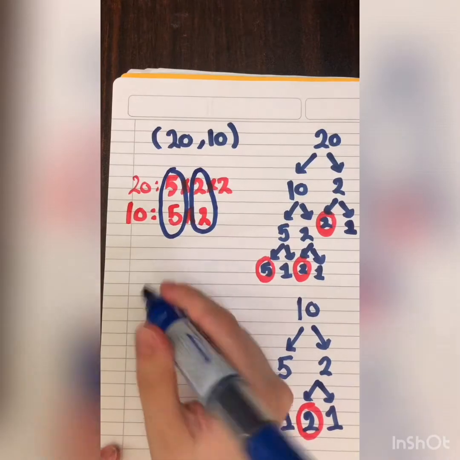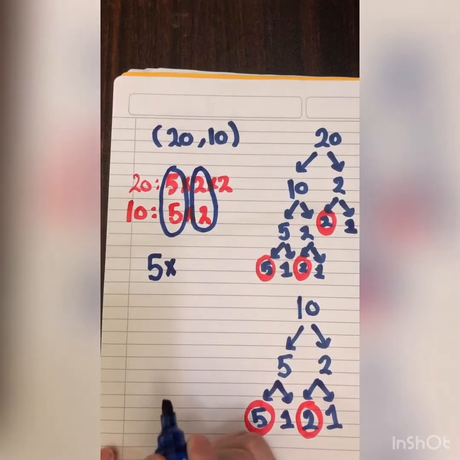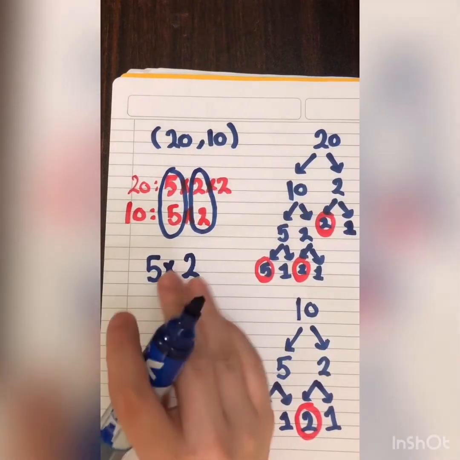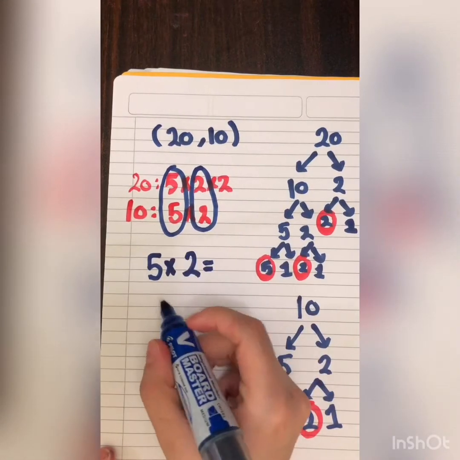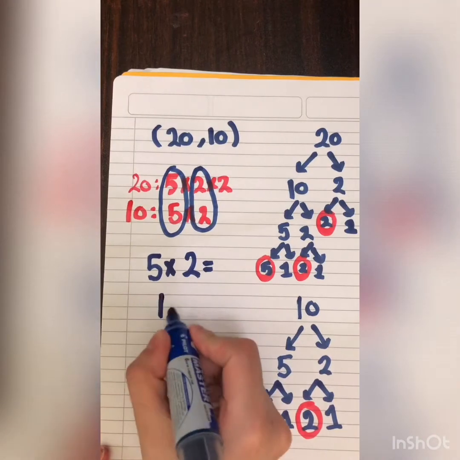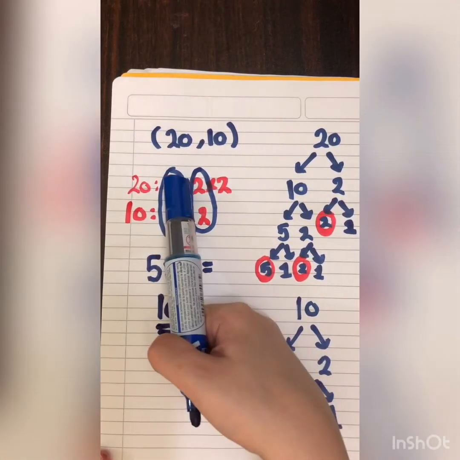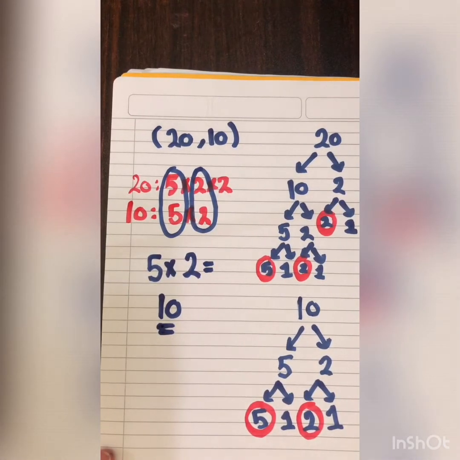You are going to write the 5 just one time. Multiply by 2. So the GCF is 5 multiplied by 2, which is 10. So the GCF of 20 and 10 is 10.